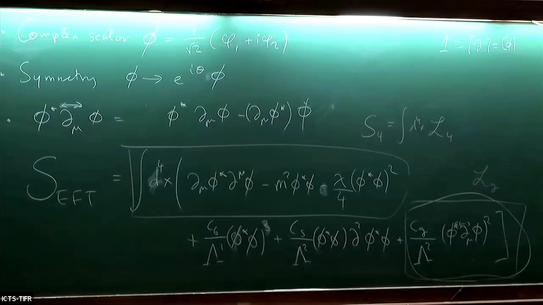Right, so now we're good with time. Now let's go through a number of UV models that will match onto this theory. So imagine yourself as an experimentalist living at low energies. You have seen interactions of this complex scalar phi. It might be charged under, or it is charged under, that global symmetry.